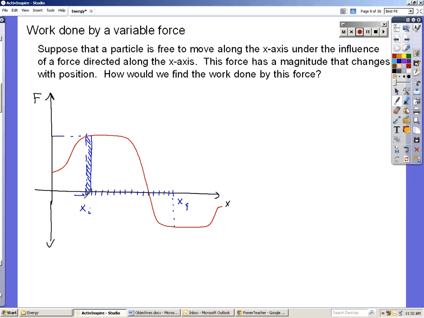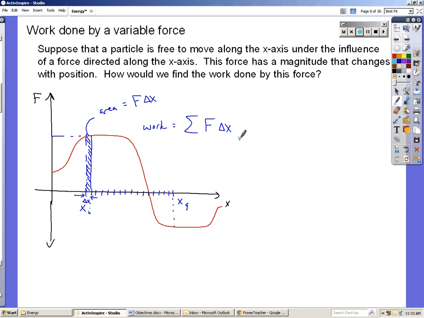The width of the rectangle is delta x. And so if we calculate F dot delta x, we get the area of that rectangle. And then it goes through each of those subsequent delta x's. So we need to sum up all the F delta x's.